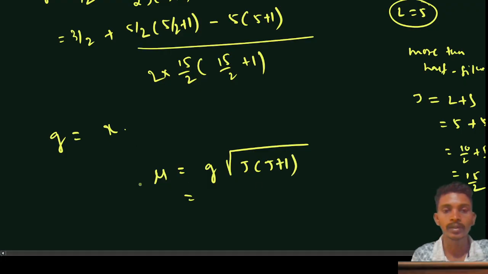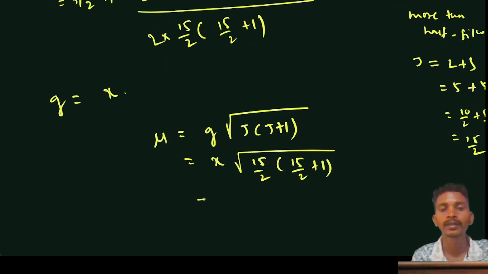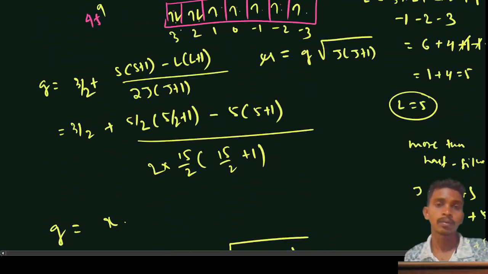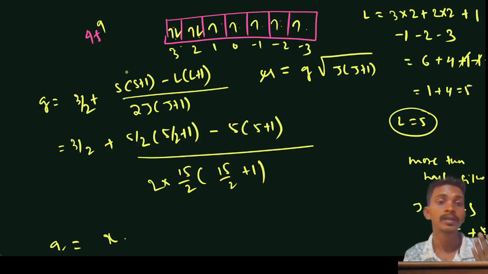Let's say some value we get for G, that is X. Then this J value is 15 upon 2, plus 1. If you calculate it, we will get that magnetic moment. Calculator is allowed, so we can easily calculate the magnetic moment if it's half filled or if it is less than half filled.